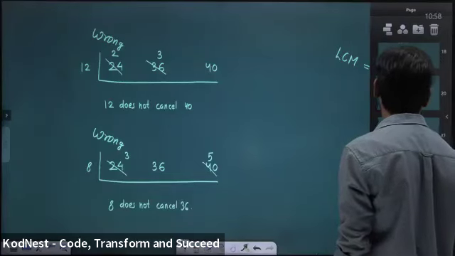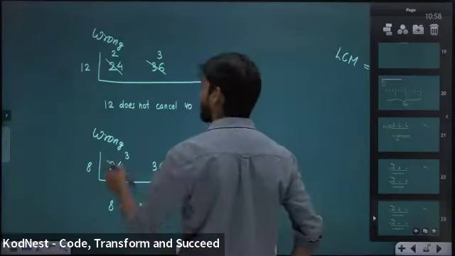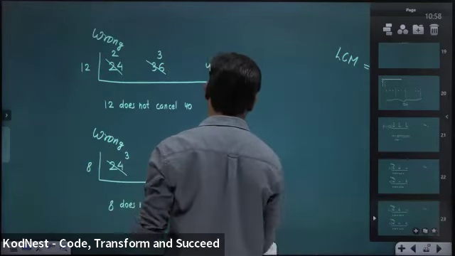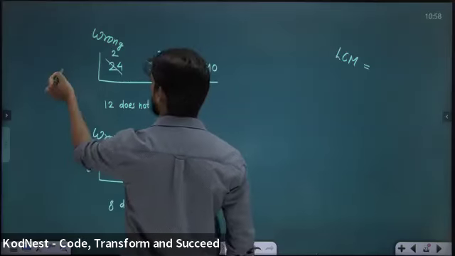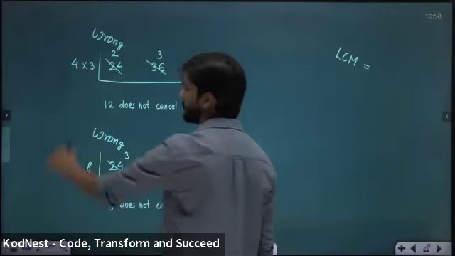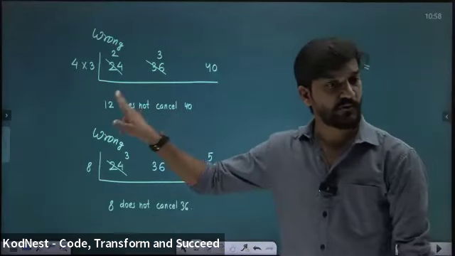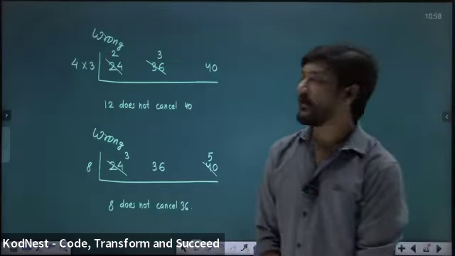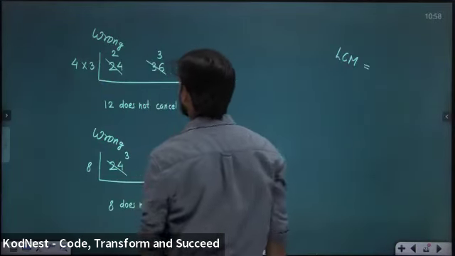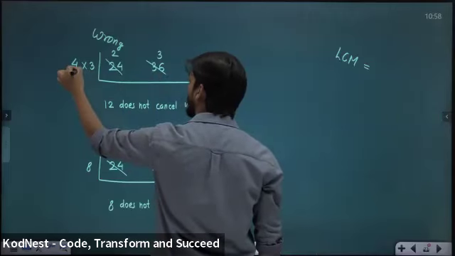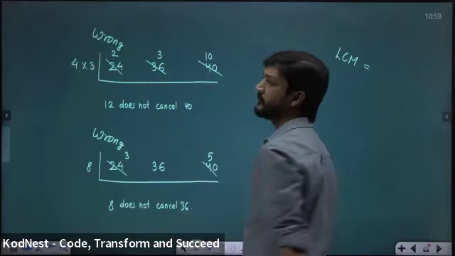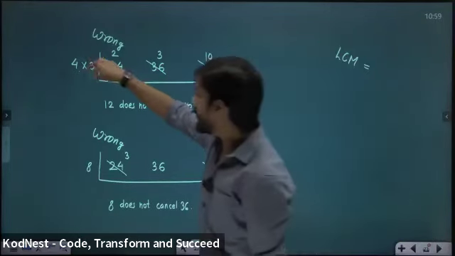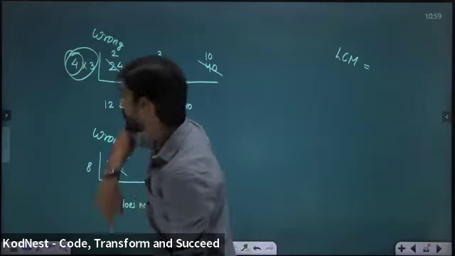Now, just one idea I'm giving you of why this is wrong. So you have taken 12 outside because 12 is common to these two. If you have taken 12 outside, can I say you have taken 4 and 3 outside? 4 and 3 is also 12, yes or not? Yes. Okay. Now 12 cancels these two. 12 does not cancel this, but 4 cancels this or not? 4 into 10. So that's why you have taken 4 outside. Because you have taken 12 outside, you have taken 4 also.